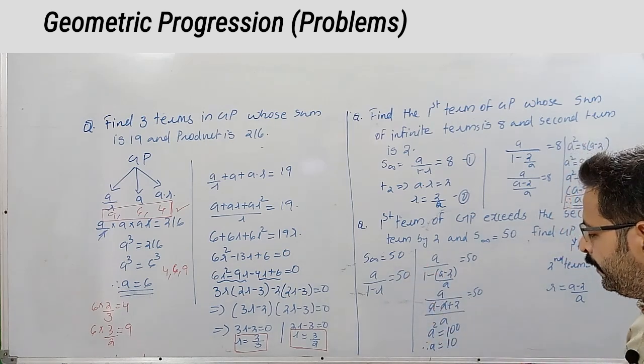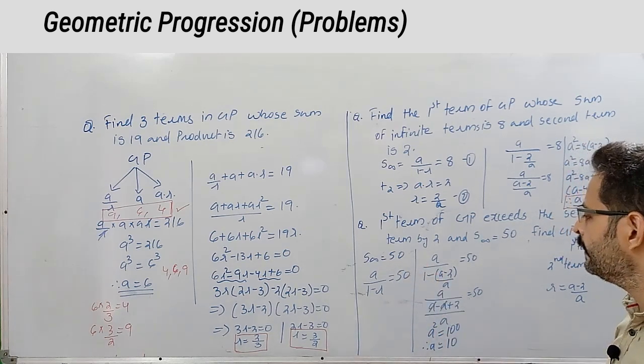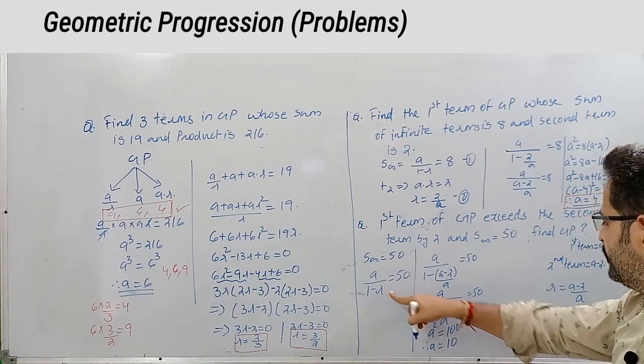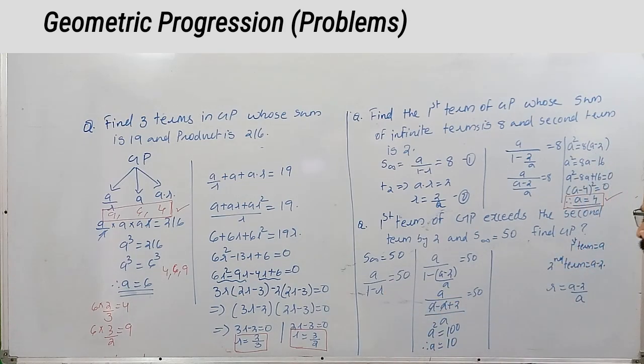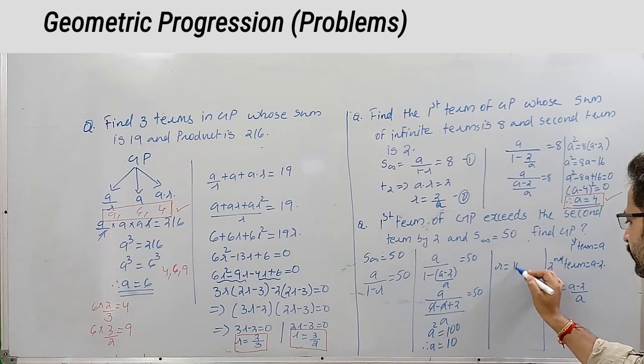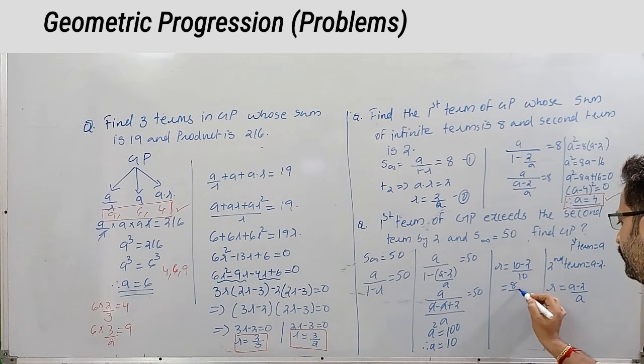Now substituting the value of A, we know that R is equal to A minus 2 divided by A, 10 minus 2 divided by 10, so R is equal to 8 by 10 or 4 by 5.